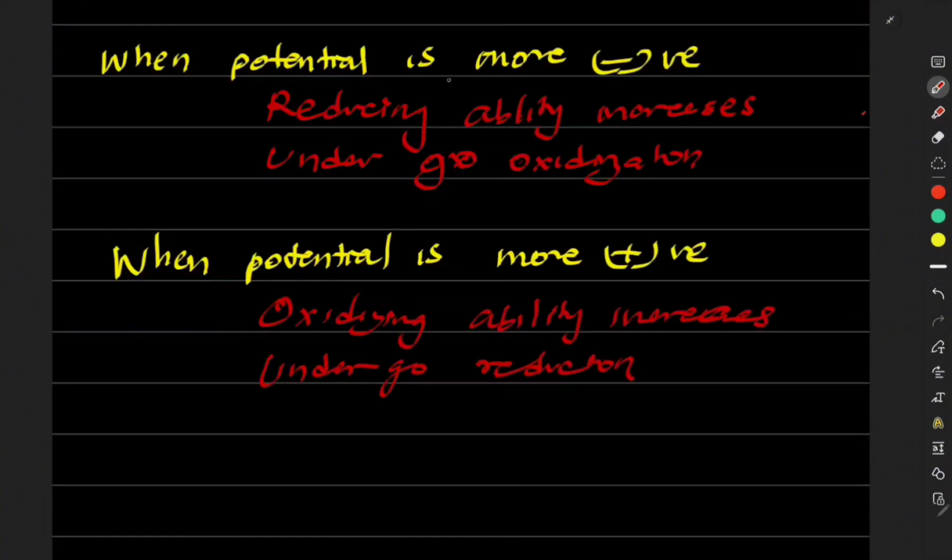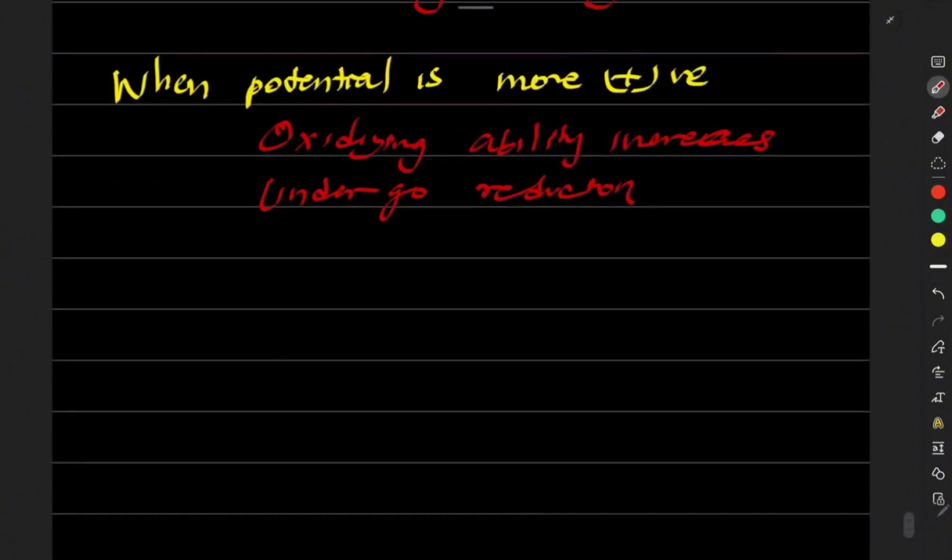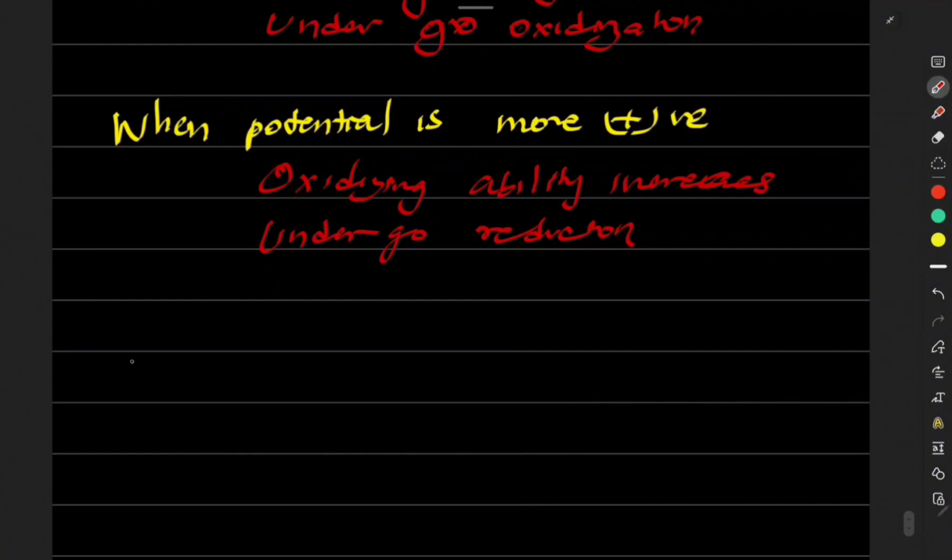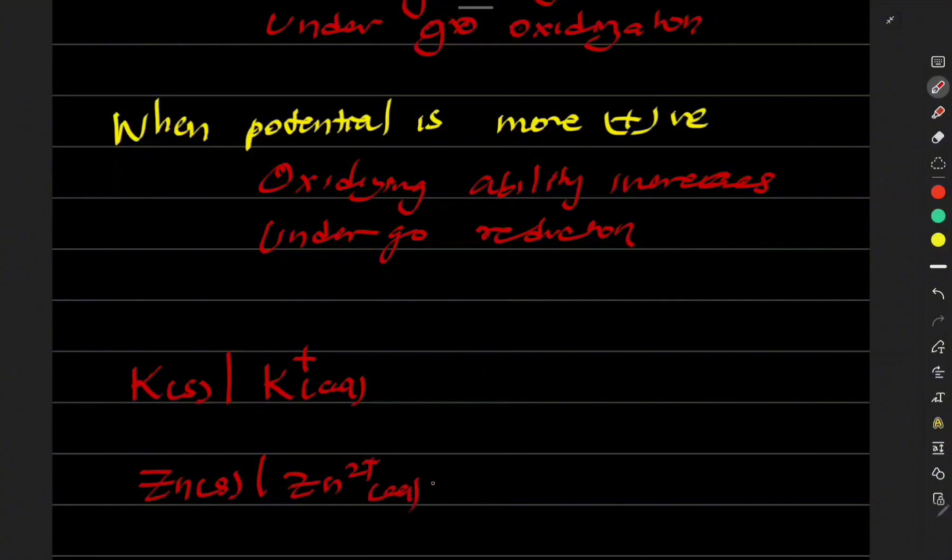When the potential is more negative, the reducing ability increases and it undergoes oxidation. When the potential is more positive, the oxidizing ability increases and it undergoes reduction. Let's look at an example. We consider a potassium solid and potassium ion electrode, and a zinc solid and zinc 2 plus electrode.